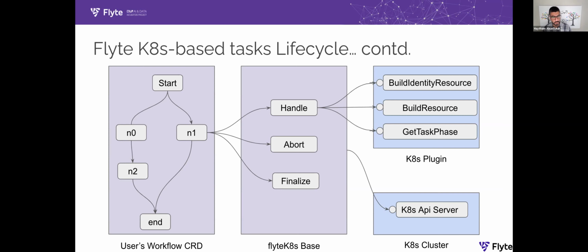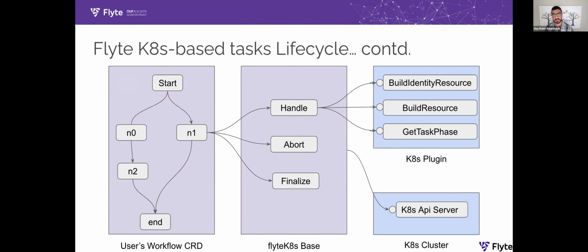Then there is build resource, which takes care of translating the task template into the Kubernetes object, so the full object. And then the Flyte K8s base takes care of persisting this object in Kubernetes and retrieving it and monitoring it and so on. And then the last one is get task phase. This is how we ask you, the plugin author, to translate from a Kubernetes object state to a Flyte phase.